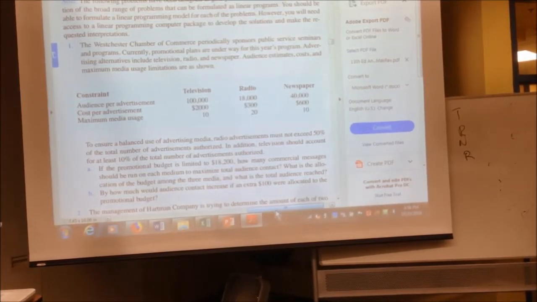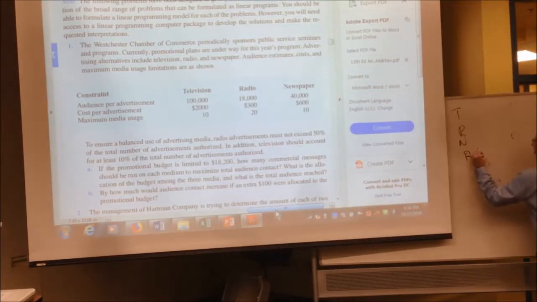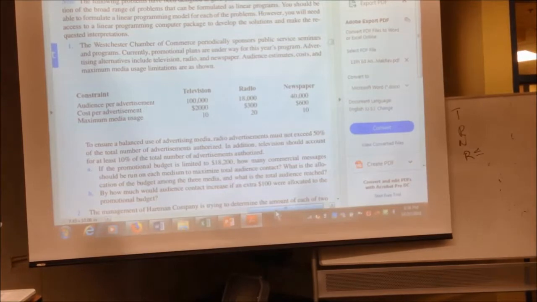Must not exceed. Less than equal, greater than equal. There you go. R, less than equal to, must not exceed 50% of, I didn't give you a hint there, the total number of advertisements authorized among all 3 of them. However many ads are going to be total, you cannot have more than 50% of them in radio.